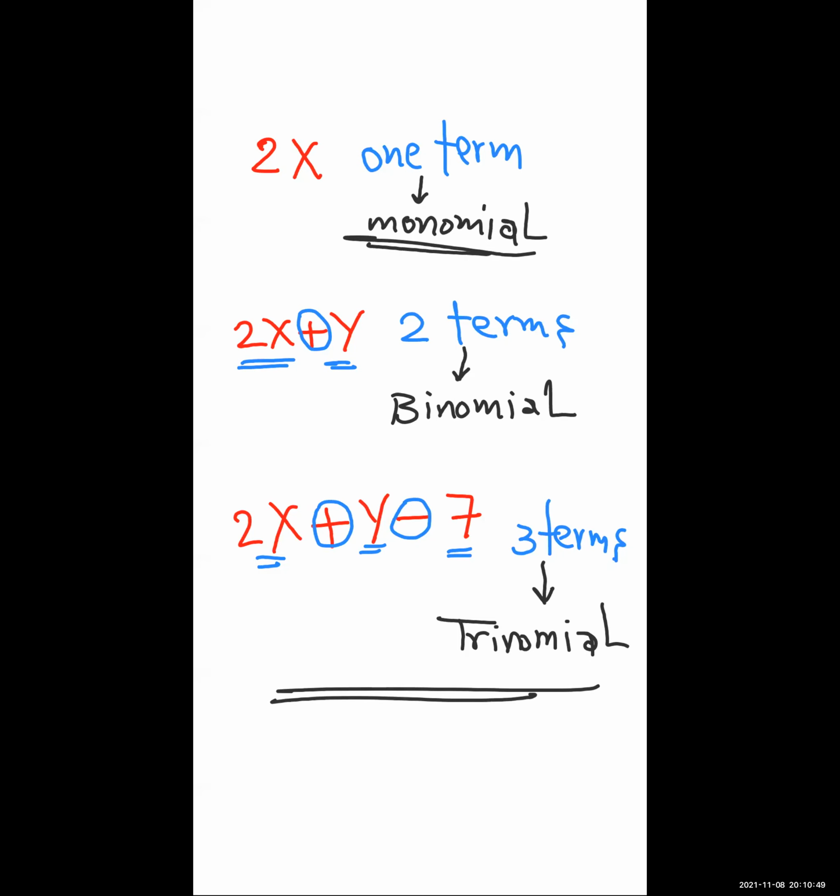As we said, guys, if it's one term, it's a monomial. If it's two terms, binomial. If it's three terms, trinomial. If it's more than three terms, like 2x plus 7y minus 5z plus 7k minus 11, just count the number of terms according to the plus and minus here.